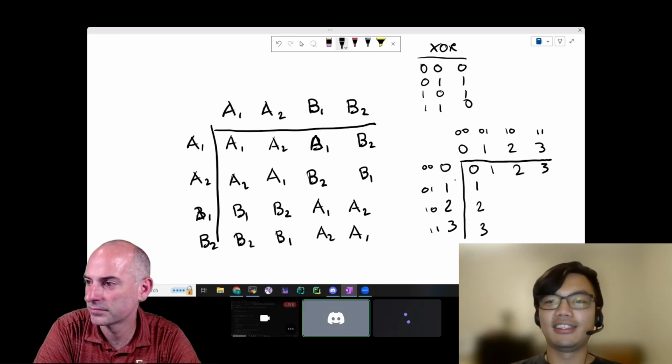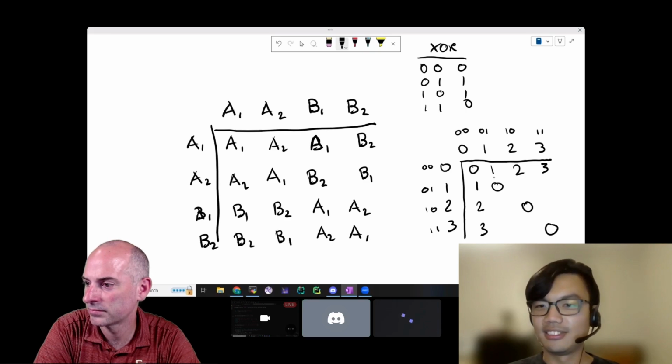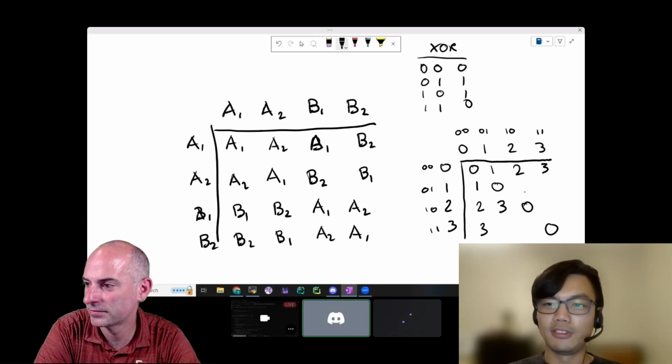So now you can see that the diagonals always have the zeros and the ones at the same bit. So it's going to give you 0, 0 or 1, 1, so it's always going to be zeros. And you can already see that this is going to give you 3 because it's going to give you the 0, 1 and 1, 0 type, so it's going to give you 1, 1.